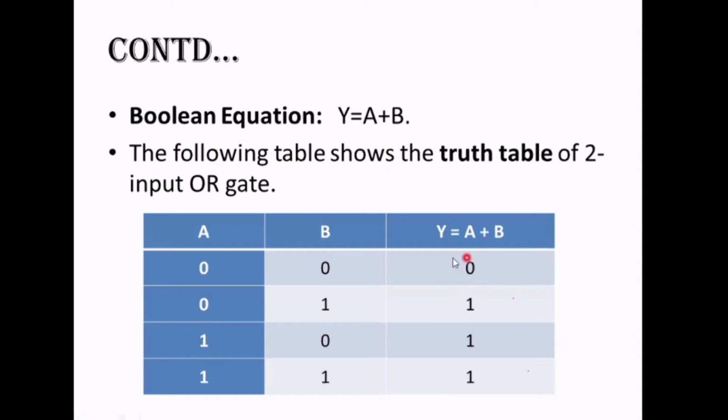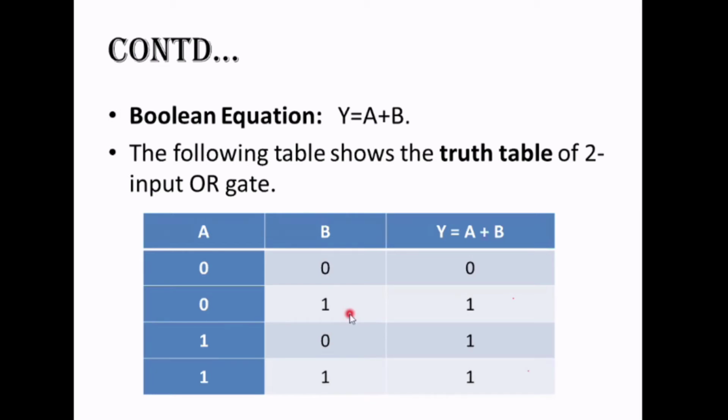Understood? Now, next combination we have provided is 0, 1, right? Now, 0 means low, 1 means high. Now, try to recall the logic statement. What is the logic statement? If any one input is high, output will be high.